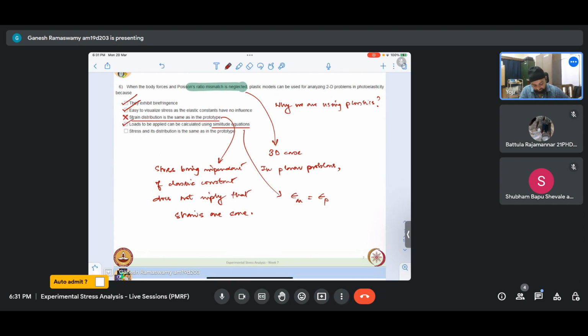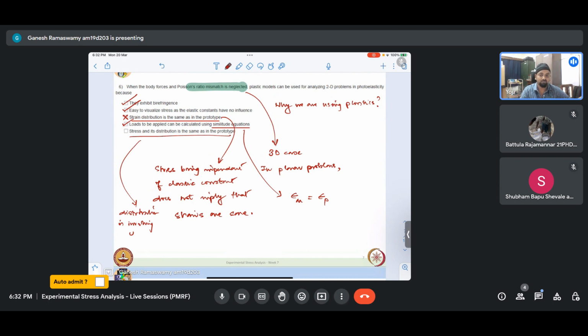Yes, stress and its distribution is the same as in the case of the prototype. Why is this so? Because our distribution involves Poisson's ratio. In the case of 2D, it doesn't matter. It doesn't appear in the equation.